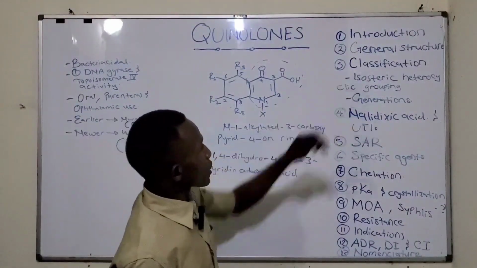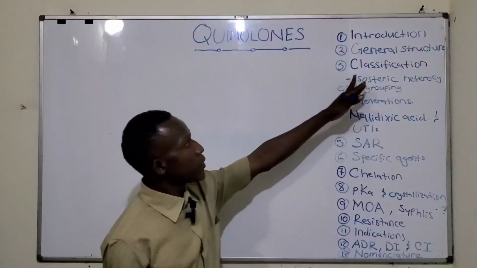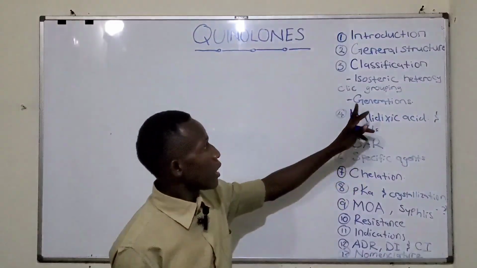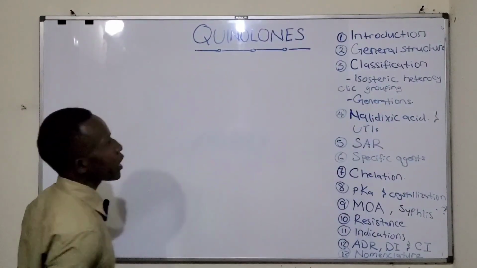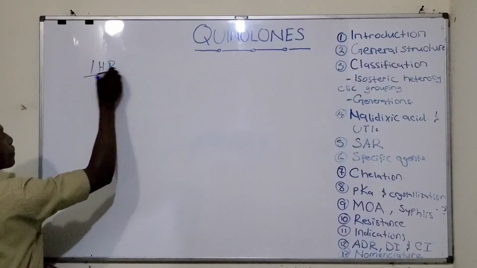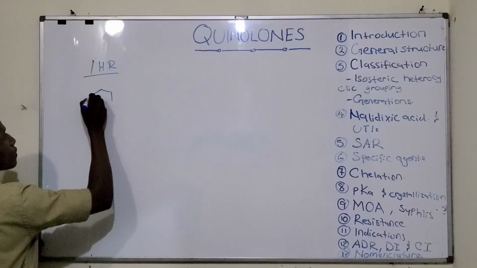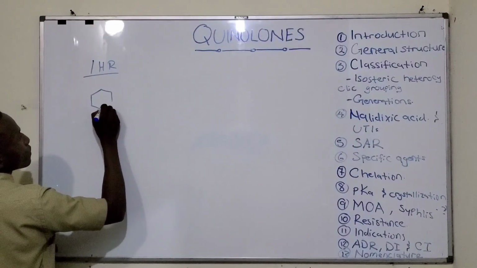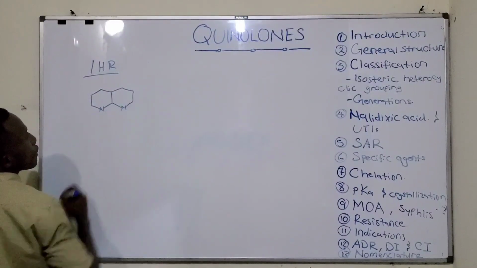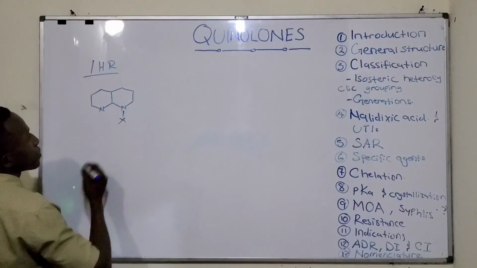Now, let's talk about the classification. We said we can classify them according to the heterocyclic rings and generations. About the isosteric heterocyclic ring grouping, we can have the naphthyridines. We said this one is an alkyl group.